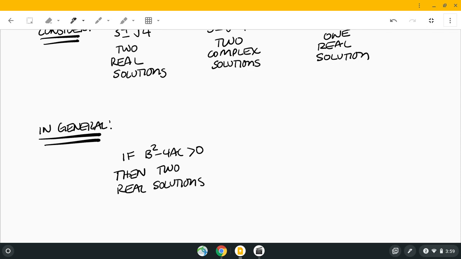If b squared minus 4ac is negative, then you get 2 complex solutions.